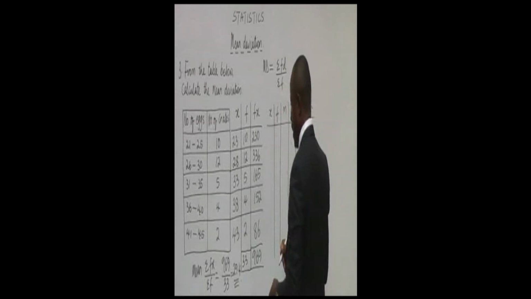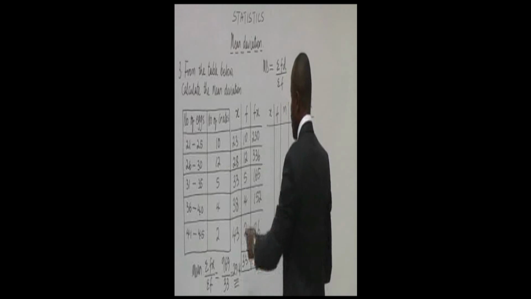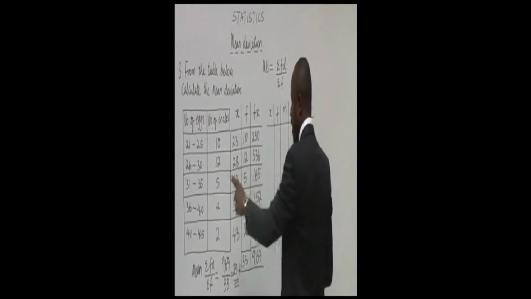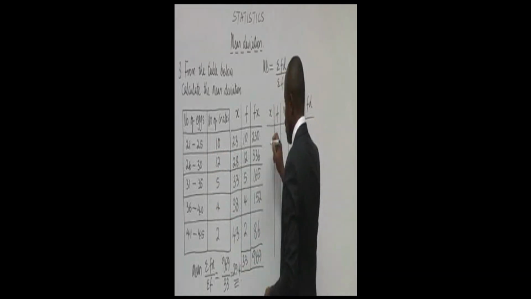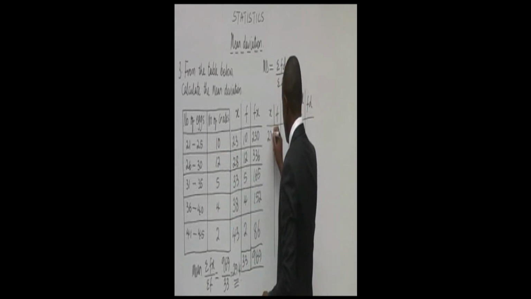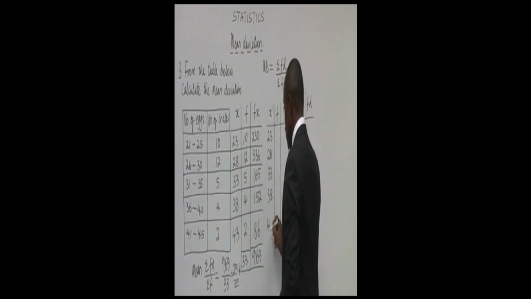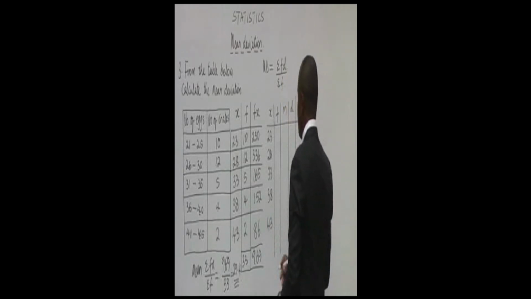Our X are these values, the midpoints of the class intervals: 23, 28, 33, 38, and the last one, 43.